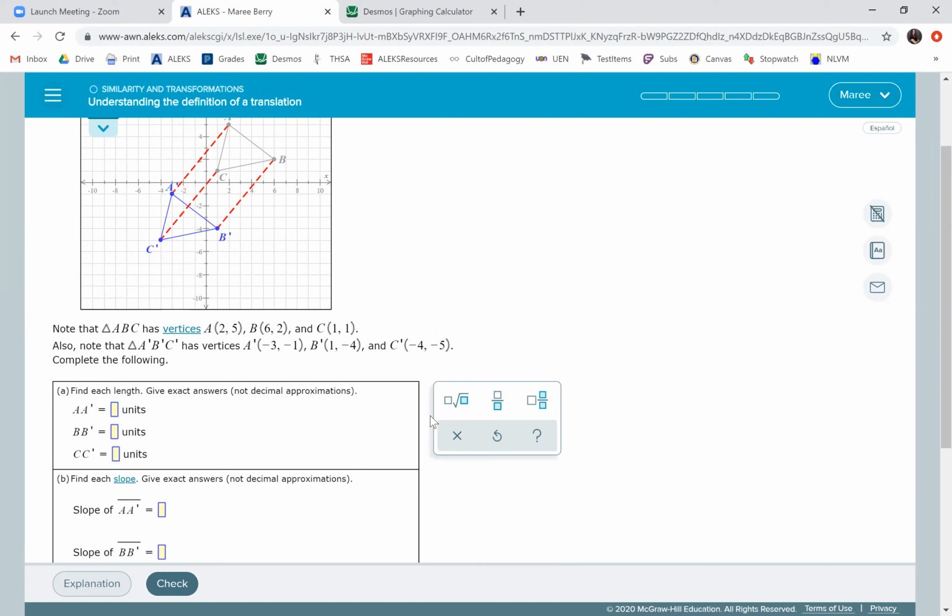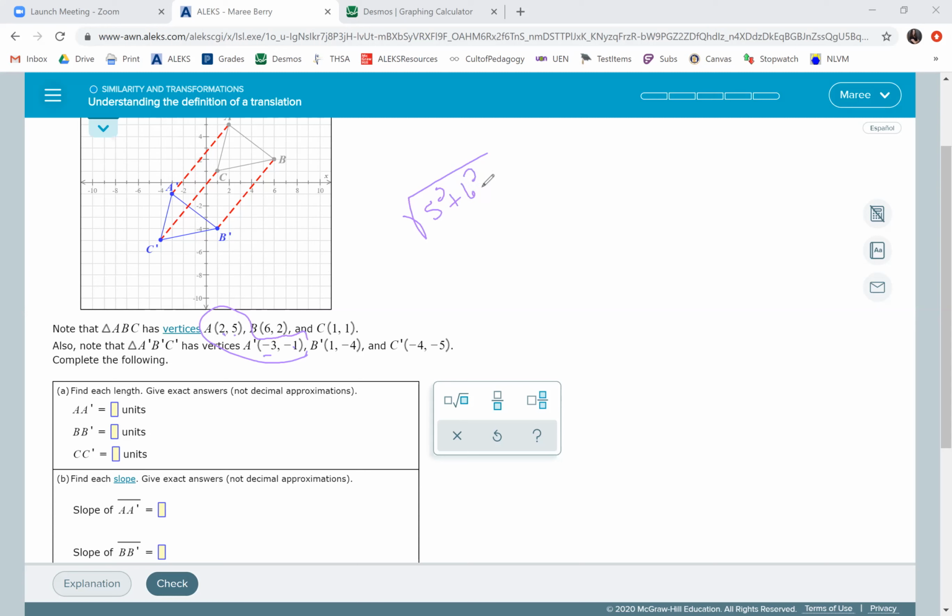We have to give the length between A and A prime. To find the length between A and A prime, we look at their points. The distance between the x's, from -3 to 2, is 5 units. So we take the square root of 5 squared plus the distance between 5 and -1, which is 6 units, 6 squared.